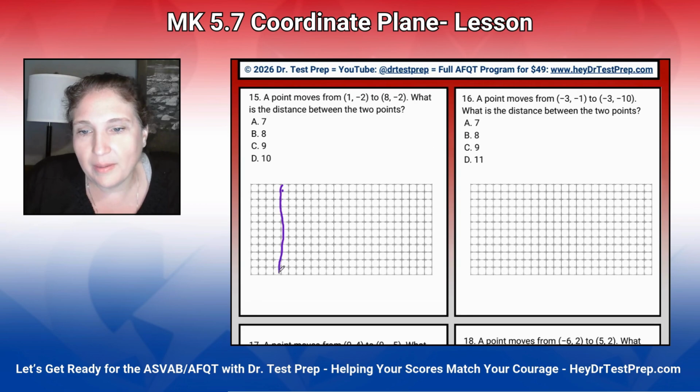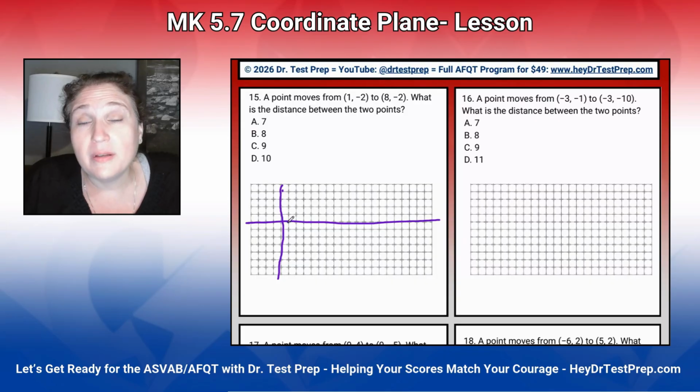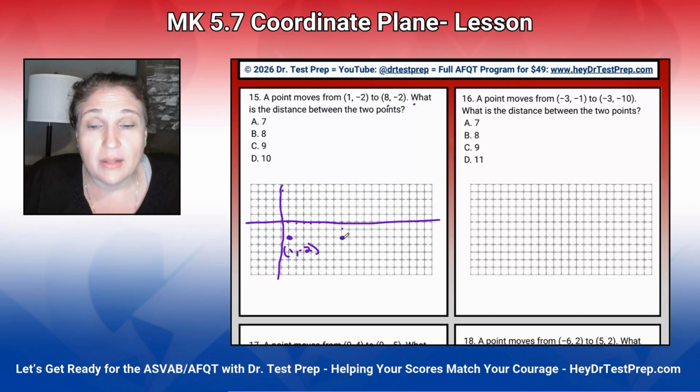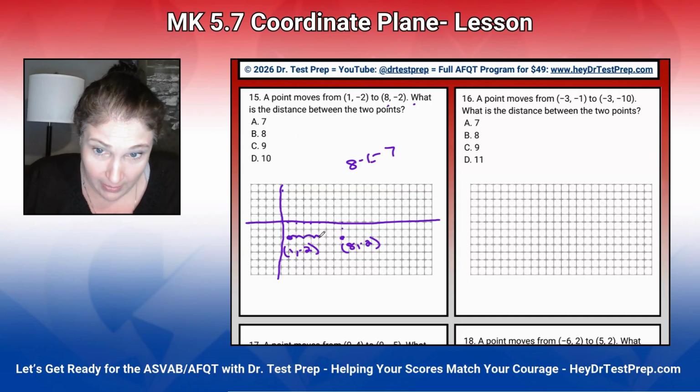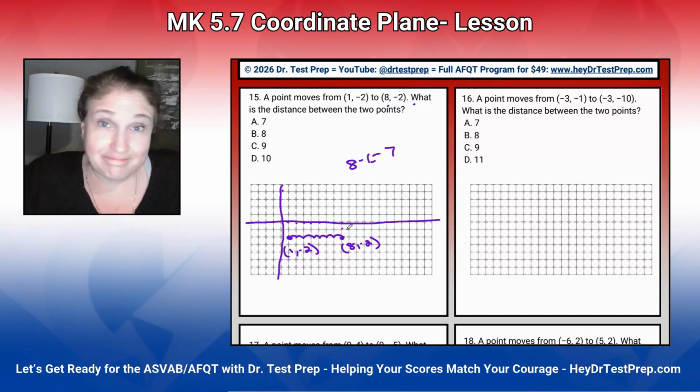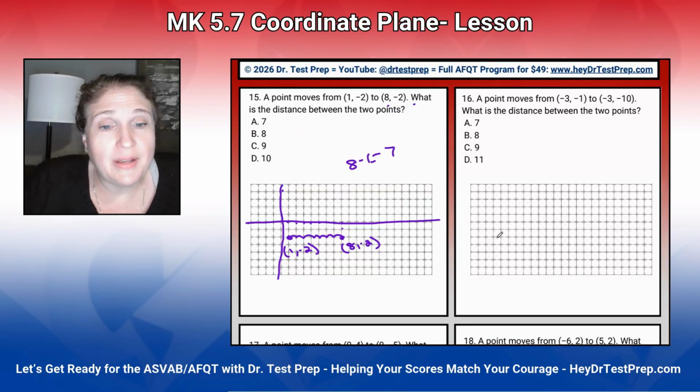All right, so I'm doing +1, -2. Here I'm doing +8, -2. 4, 5, 6, 7, 8, down 2. Now, because the -2's are the same, I can just do 8 minus 1 to get 7. Or I can jump 1, 2, 3, 4, 5, 6, 7.